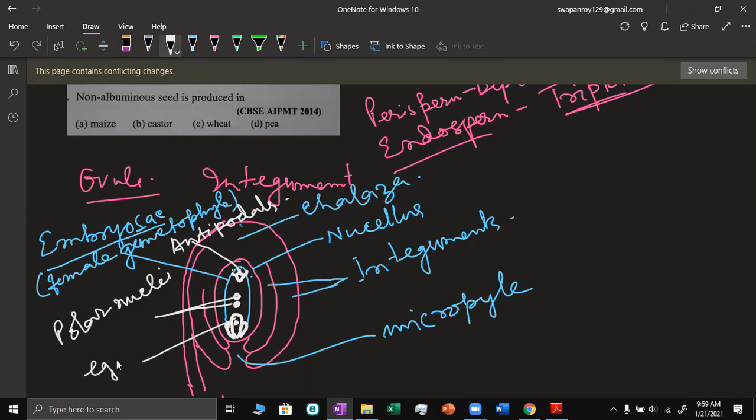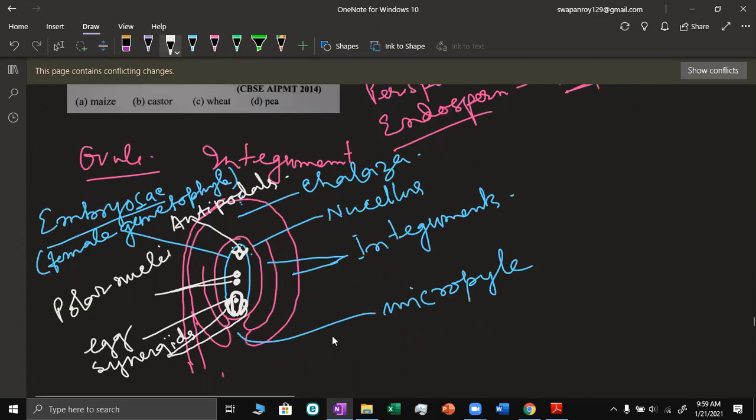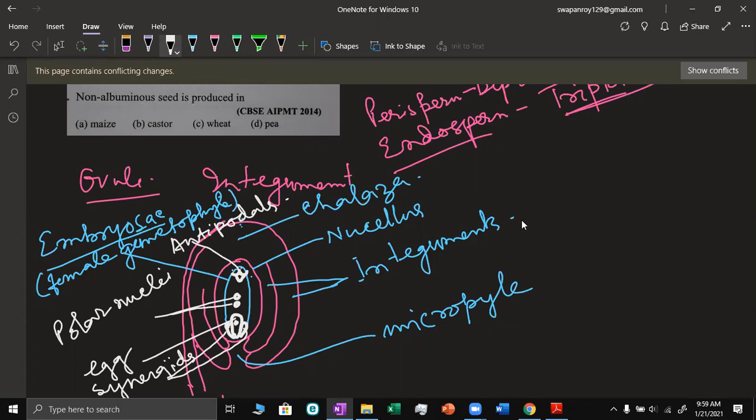This one is the egg, and on two sides there are synergids. After fertilization, this whole ovule becomes the seed.